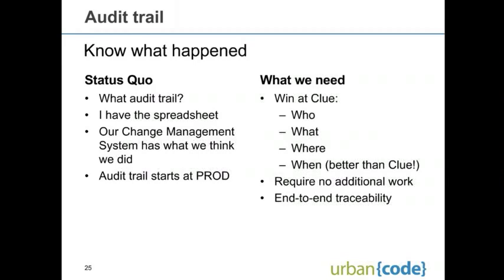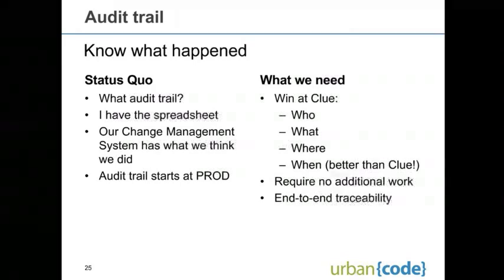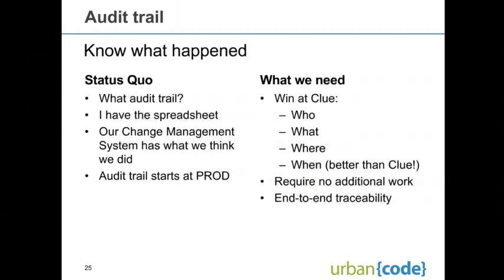So we see an audit trail that often starts in production and is often based on a spreadsheet where people are taking screenshots, loading them into a system or a spreadsheet to say, look, I did it this way, I ran these commands. Sometimes we see a little bit of added sophistication where every command line command run in production goes into a special log. But even that's just kind of auditing either based on what we think happened or only in production.